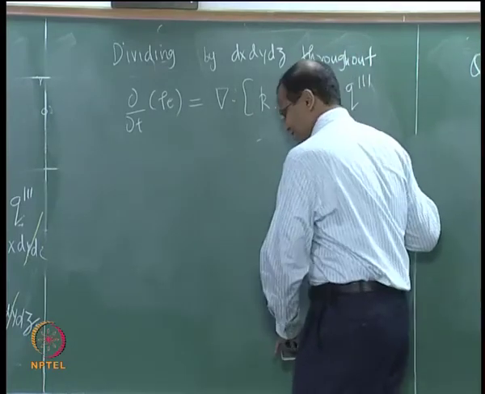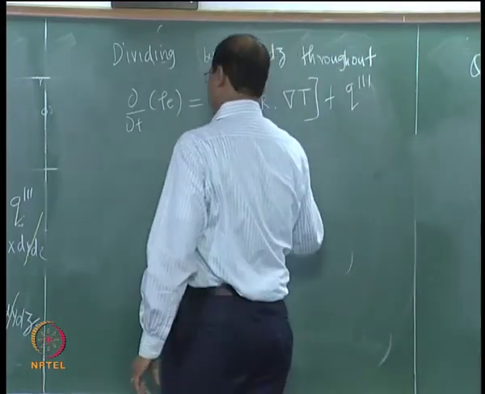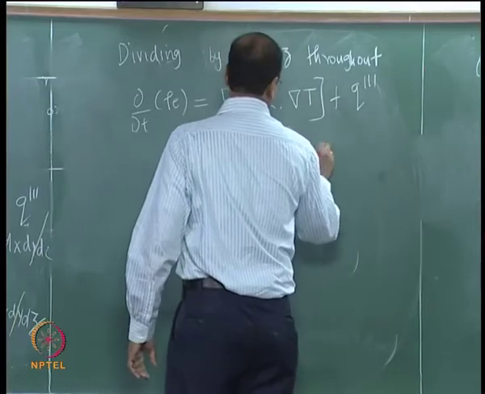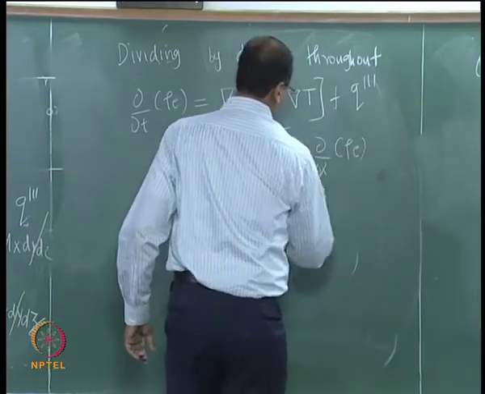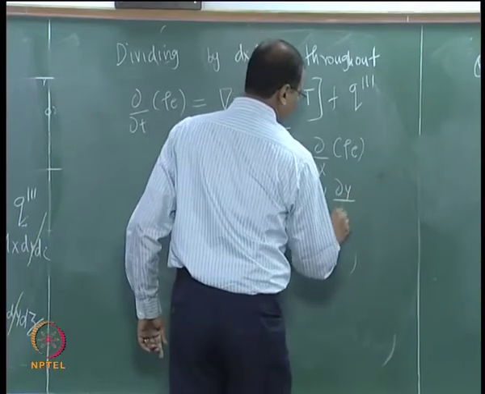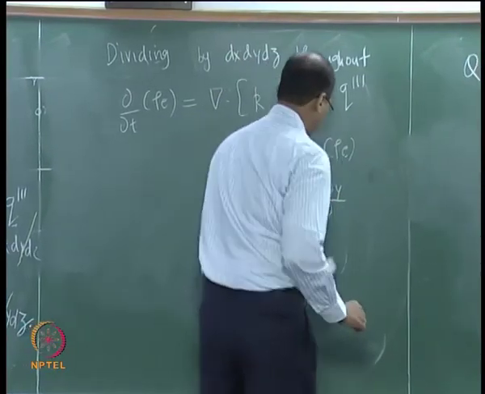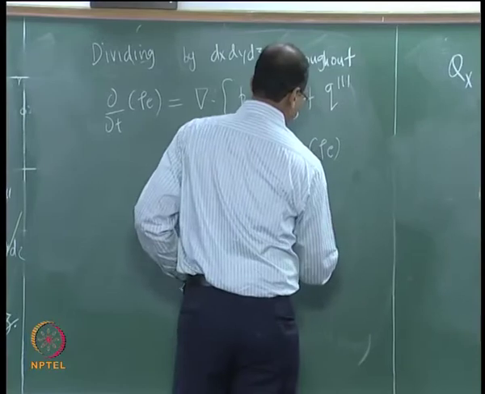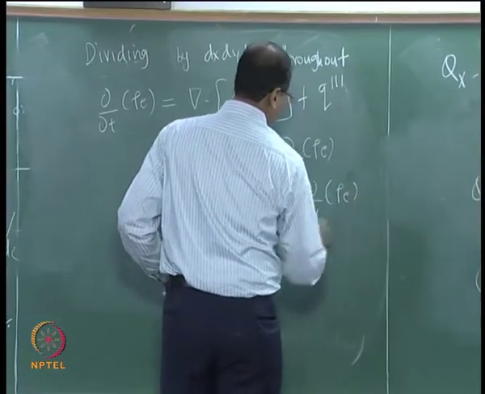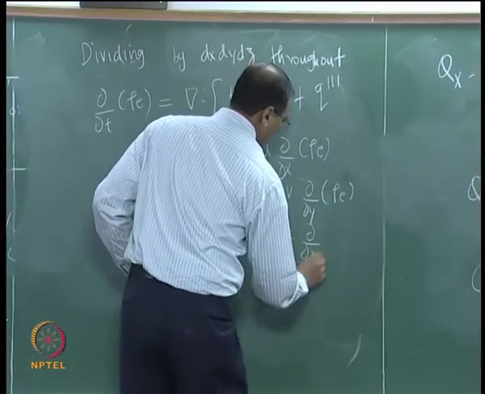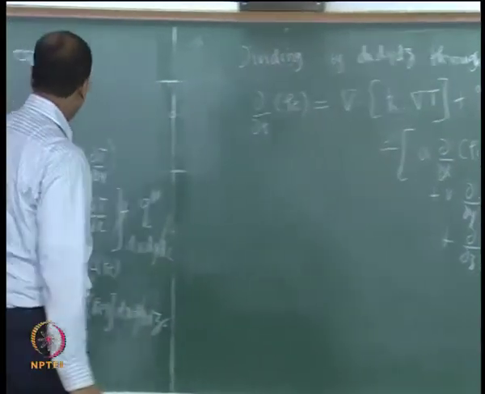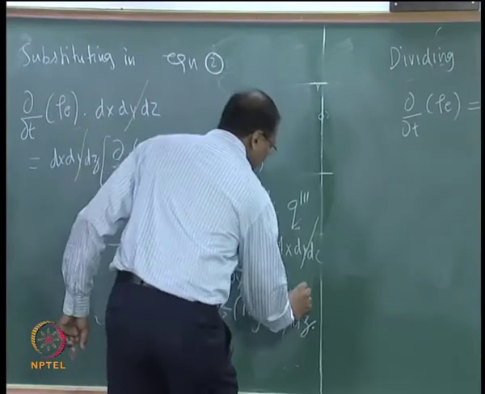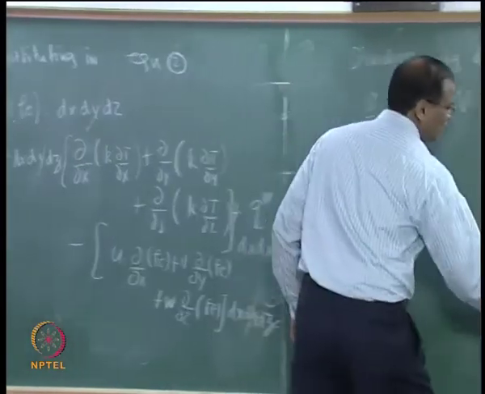Next step we will do. Okay. So we will keep it like this, minus. Yeah, we did not leave any term, right. So what was this number? 16. So this is 17.